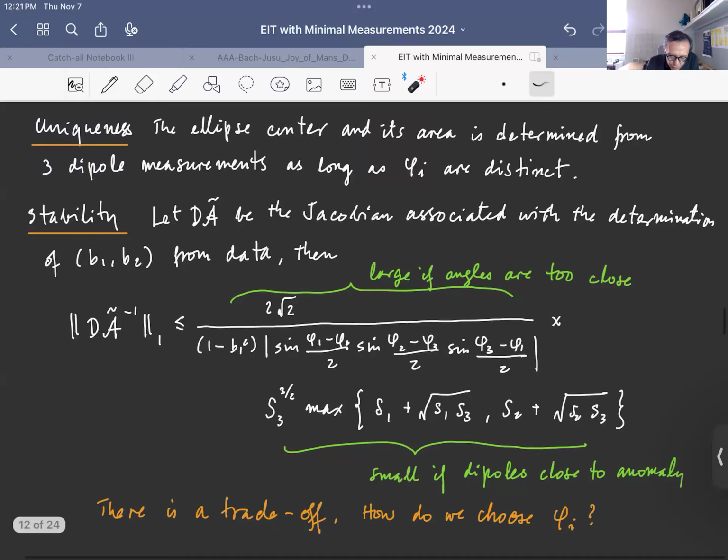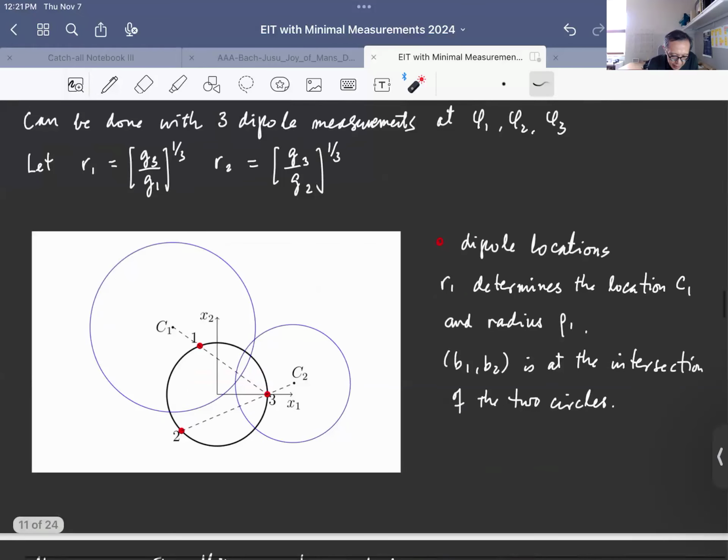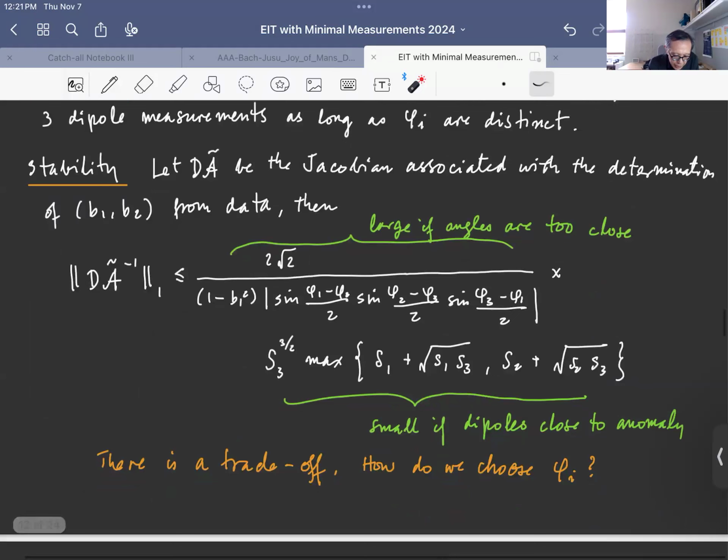As for stability, we can actually explicitly compute the Jacobian of the mapping between data. In this case, I'm looking at the mapping between the ratios that I described here, R1 and R2, and the location of the ellipse.